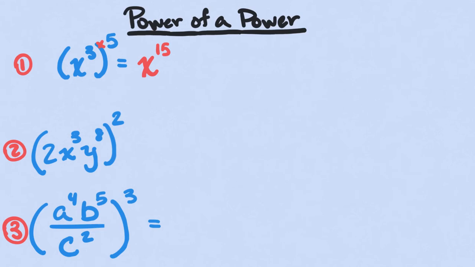Let's take it a step further. If you see something like this where you have a few different values, so you have your coefficient of 2, x to the 3rd power, and then y to the 8th power, and that whole thing is in parentheses, so this entire thing is being raised to the 2nd power. It's being squared. We could almost think of this as the distribution property. Our exponent of 2 is going to distribute to all 3 of these values.